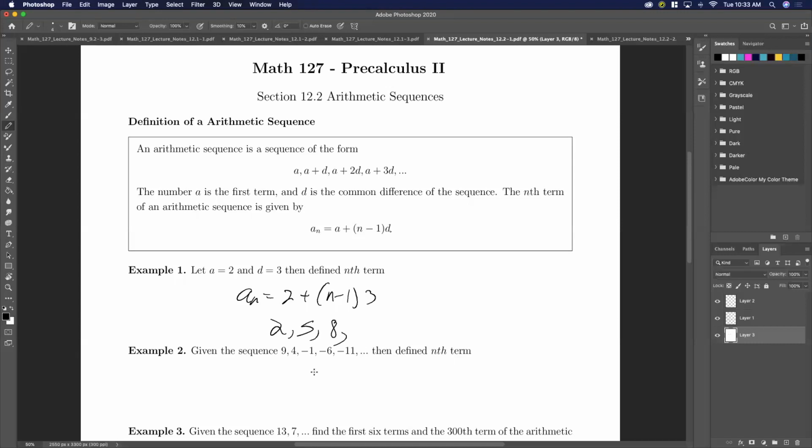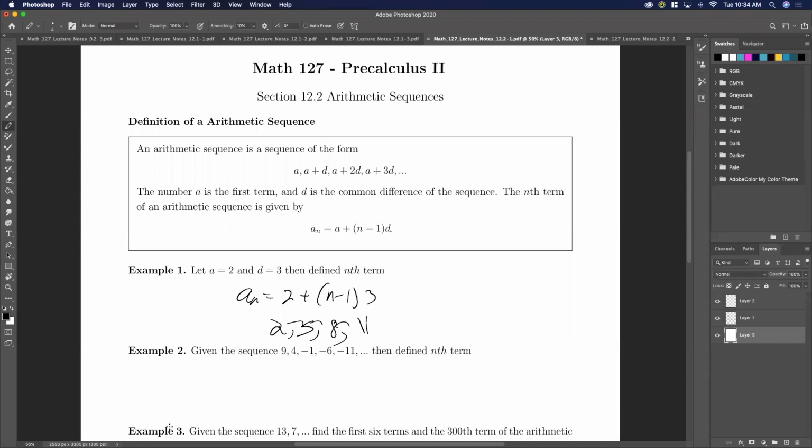What's the next term after that? 11, yeah, 11. Notice here I'm just adding 3, adding 3, adding 3.